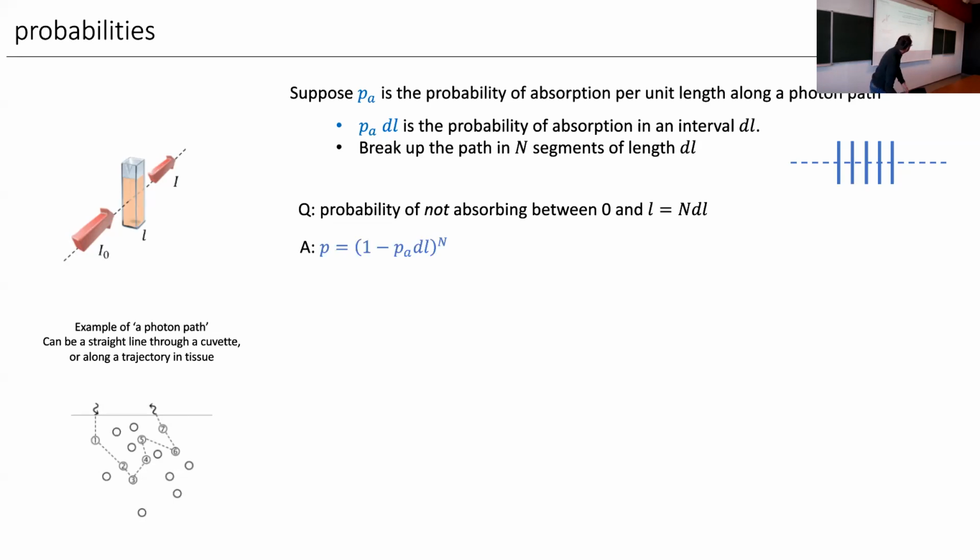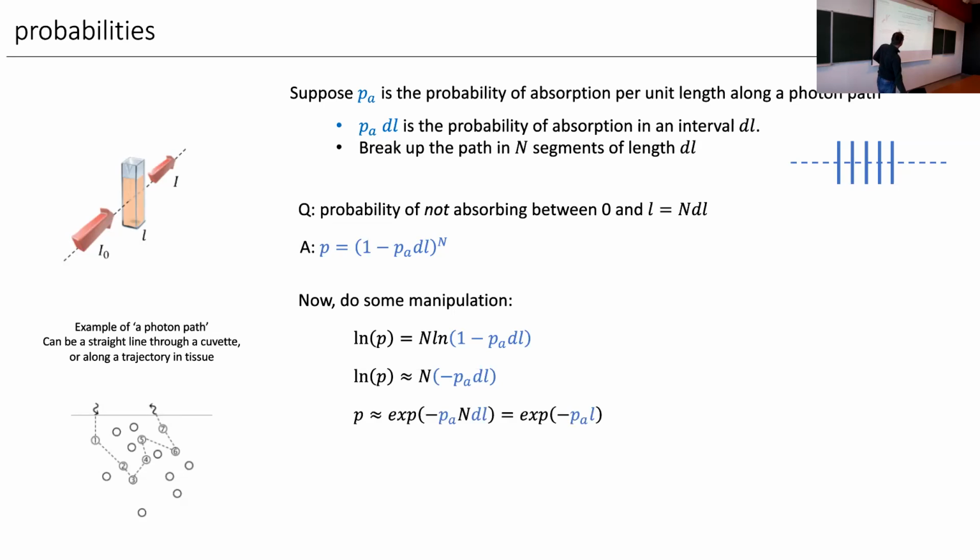If there are n segments, then the probability of transmission is the probability of going through one segment raised to the power of n. From this, taking the logarithm of both sides, and assuming that the probability of a single absorption is really small, we can approximate the logarithm, then re-exponentiate to end up with the form of Beer's law.